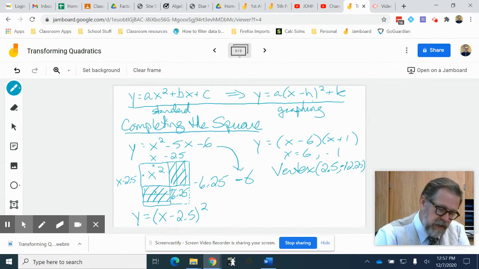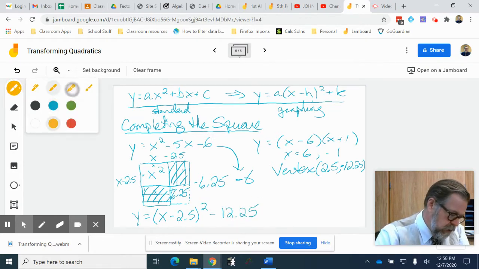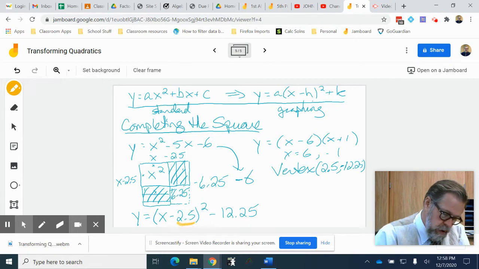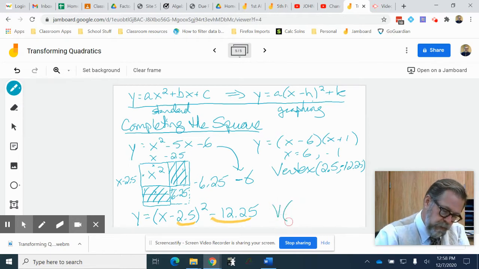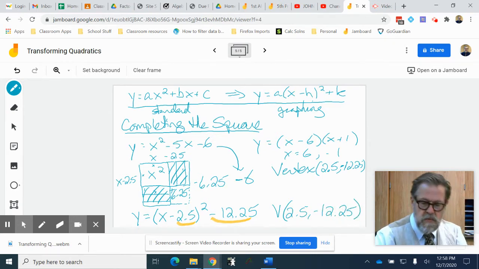My minus 6.25 minus 6 comes out to minus 12.25. And notice this is a vertex of 2.5 comma negative 12.25, which is what I got when I just factored and found the vertex that way.